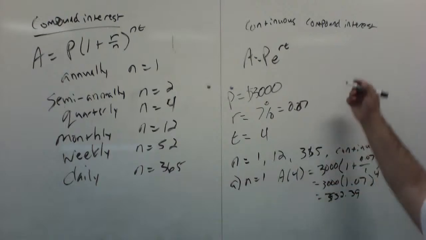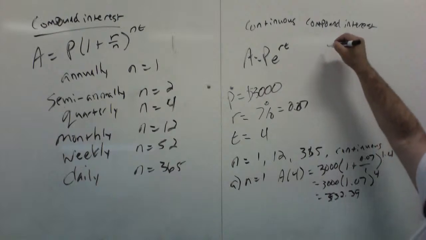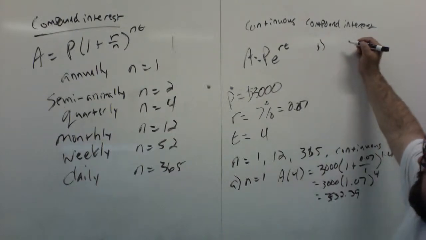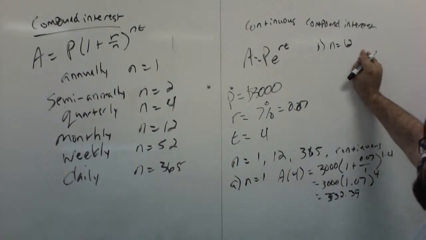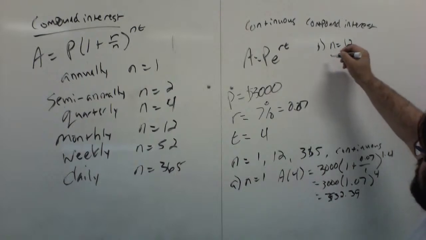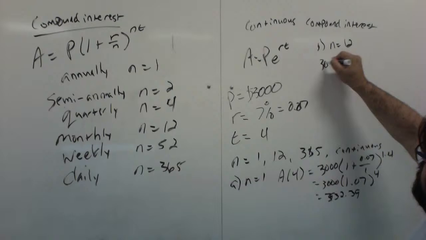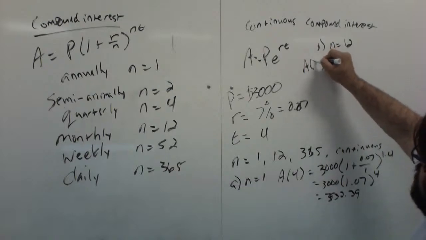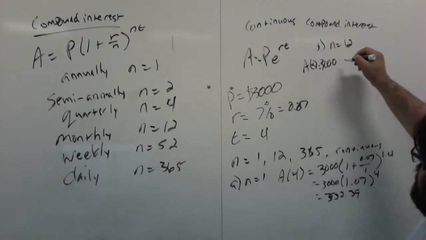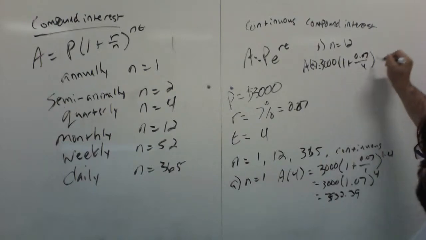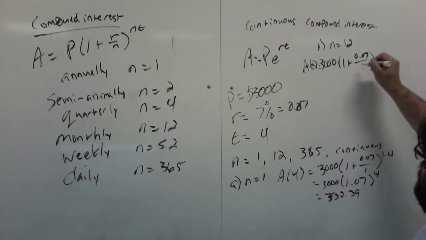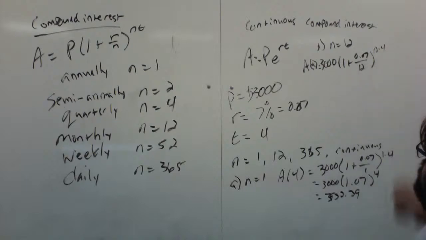Okay. Let's go monthly. N is 12. So that means that we'll take 3,000 times 1 plus 0.07 over 12, I'm sorry, 12, to the 12 times 4. Sometimes it's best to do these things one at a time, like using order of operations.